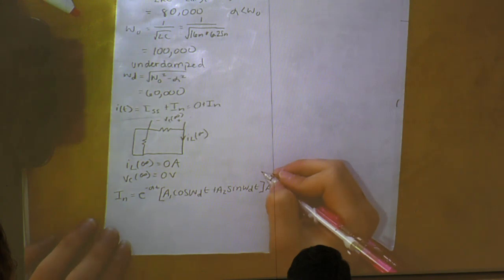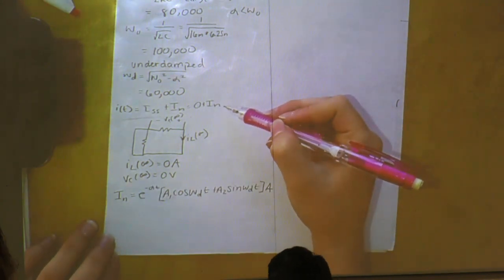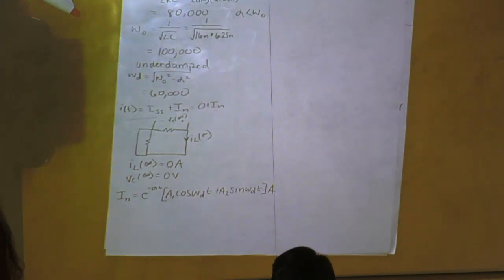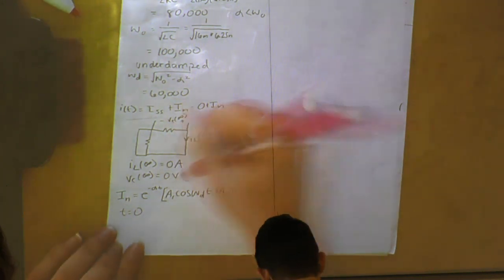So our I of t is just going to be equal to our natural response. So we can find the circuit at t equals 0, and we'll be able to get our A1.